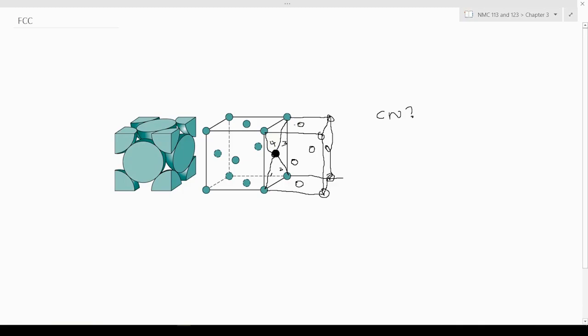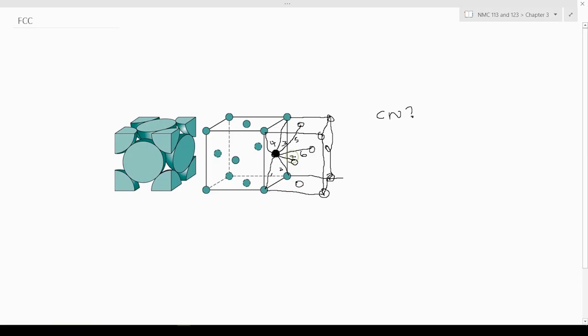My lines are not that straight, but as long as you can see. And then it touches the one in the neighboring cell. It's going to be 5, this one, right? And then it's going to be 6. And the one in front, this is going to be 7.